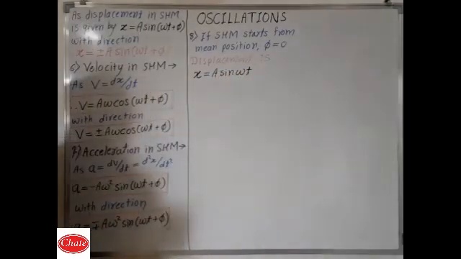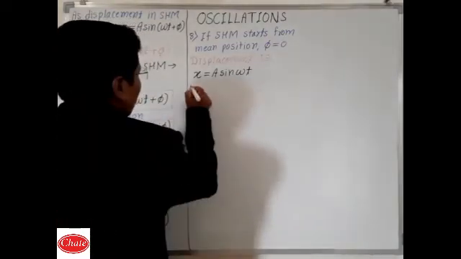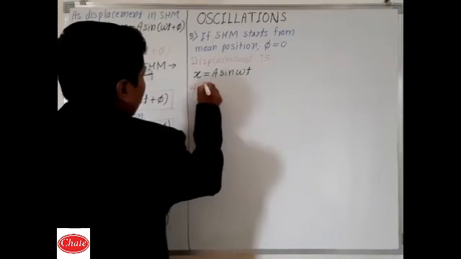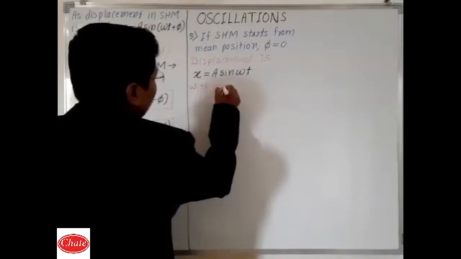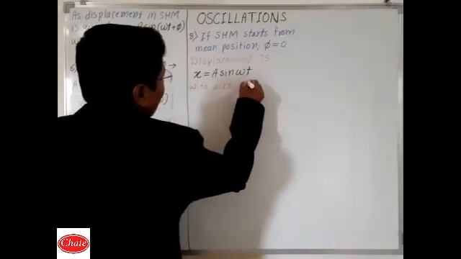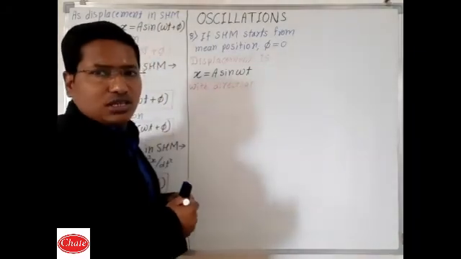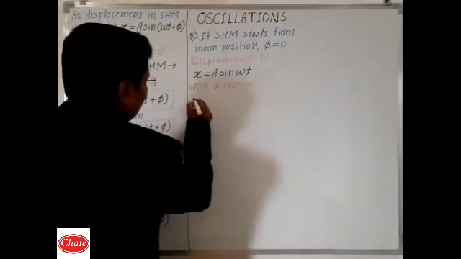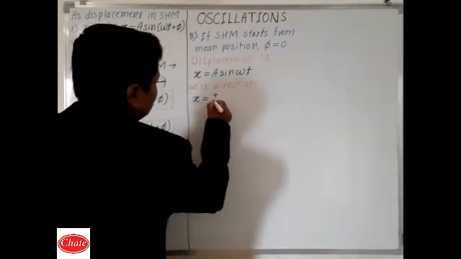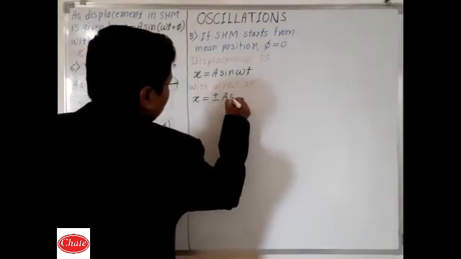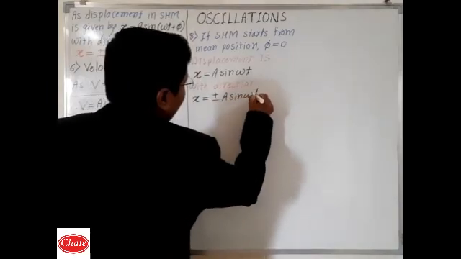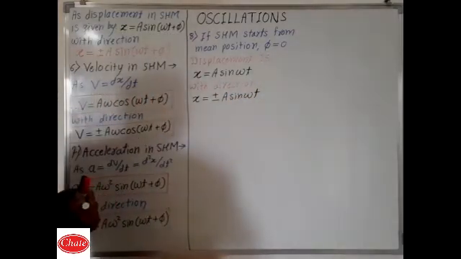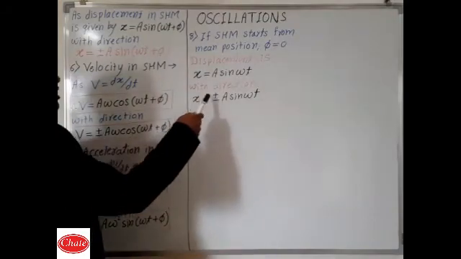A sin omega t. With direction you can simply write, can you see that? With direction x is equal to plus or minus a sin omega t. Done. आता displacement मिळाली with direction.